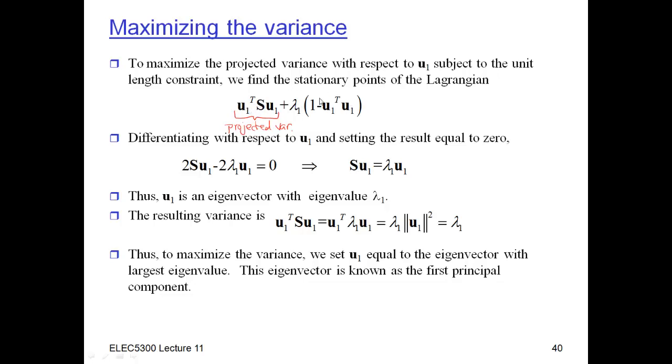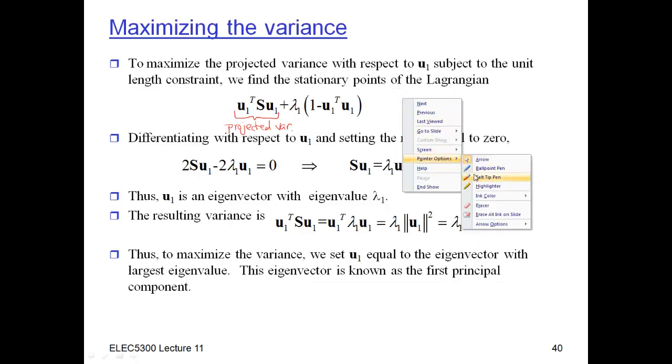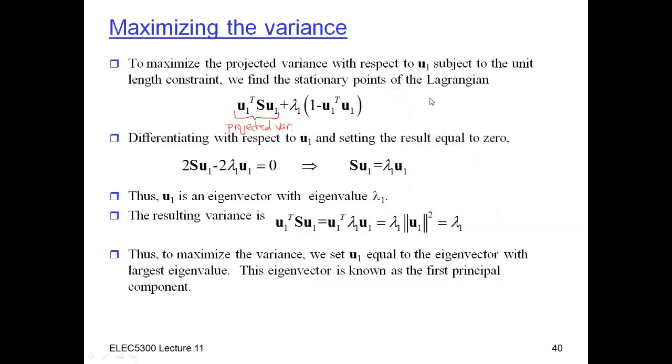So this is my constraint. My constraint is U1 transpose times U1 is equal to 1, or moving this over to the other side, 0 is equal to 1 minus U1 transpose times U1.